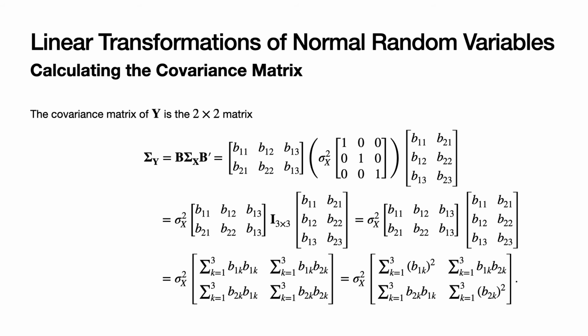When we do this, we see that this is equal to sigma squared times B times the transpose of B. And if we carry out that calculation further, we see here in the last two expressions nice formulas for the individual entries of that covariance matrix. And so now we would need to make sure that when we calculate those entries, those sums, that we also multiply by sigma squared sub x to get the entry for each position.